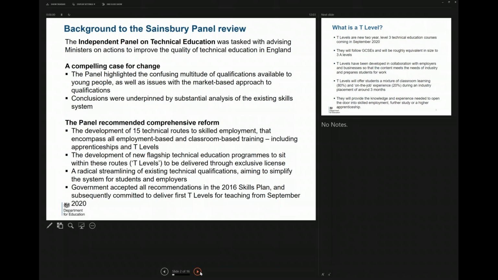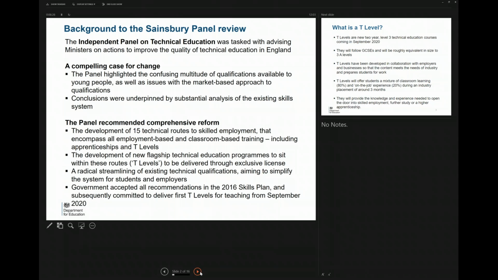The panel recommended a comprehensive package of reforms. There were 35 recommendations in total, including the development of a new flagship technical education programme, which would become known as the T-level. They also recommended the development of 15 routes across the classroom-based and apprenticeship-based routes to skills training.